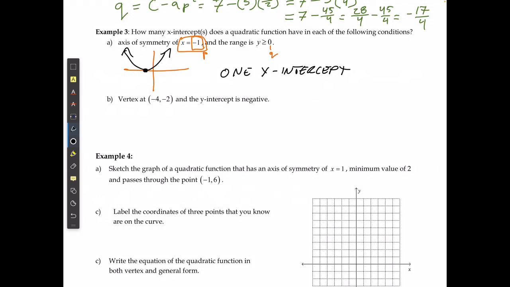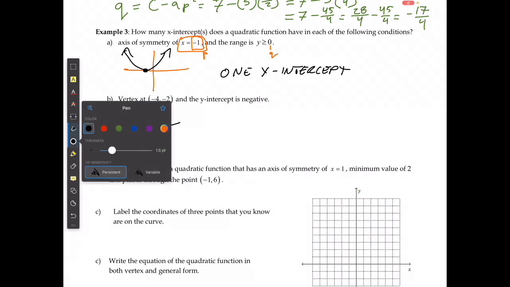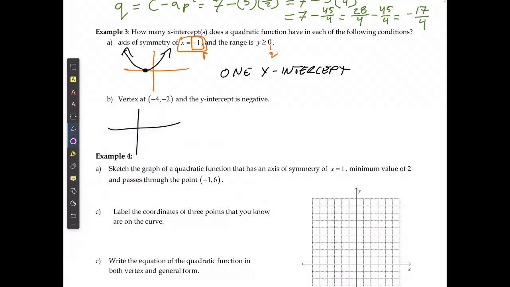For the second example, it says I have a vertex at -4 and -2. So I can say -4, -2 would be about here. And the y-intercept is negative. Well, there's actually two possibilities that could happen here.